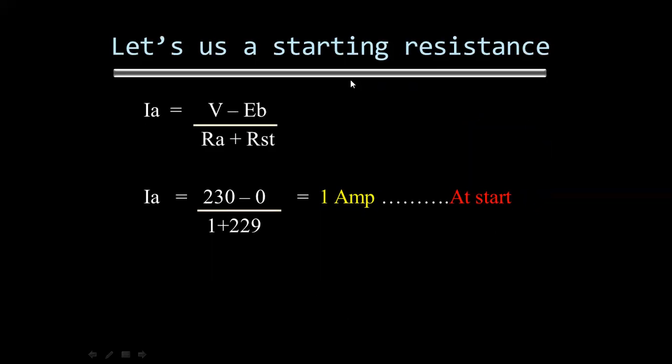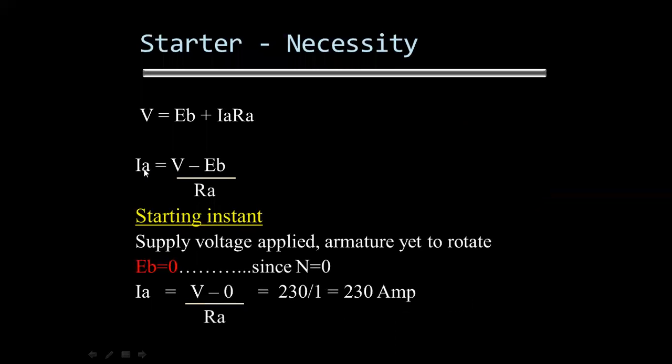So let's use a starting resistance. As we know the equation, IA is equal to V minus EB divided by RA, armature resistance only. So in series with this armature resistance, if I add some extra resistance, that means in denominator part, I will add some extra resistance. The equation will be RA plus this extra resistance known as starting resistance.